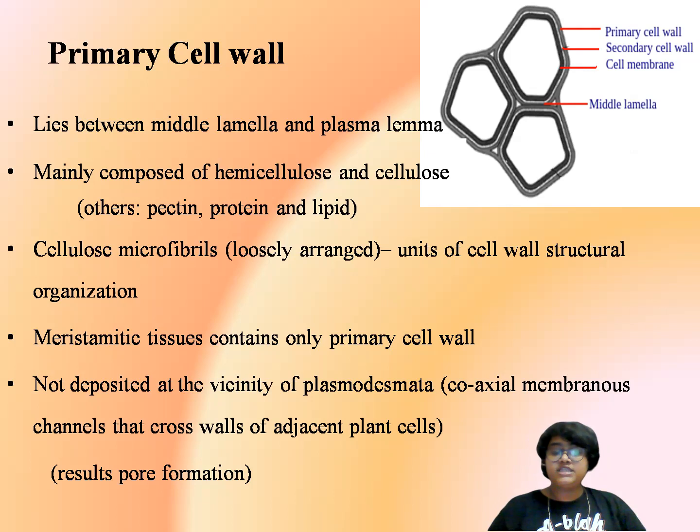These pores are known as plasmodesmata. These are called plasmodesmata. Now, what do these plasmodesmata do? They act as a channel between two cells. One more piece of information is that the meristematic tissue contains only the primary cell wall.